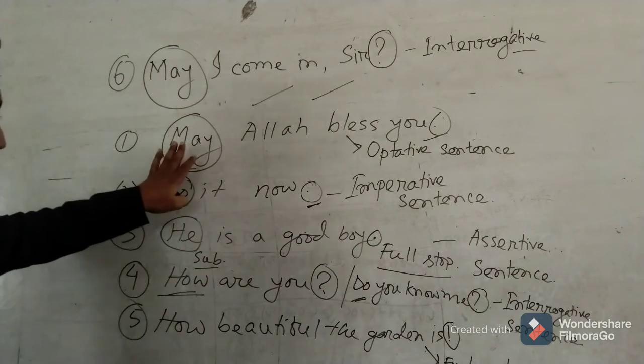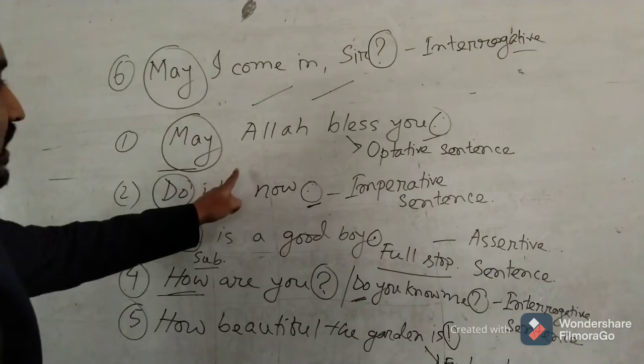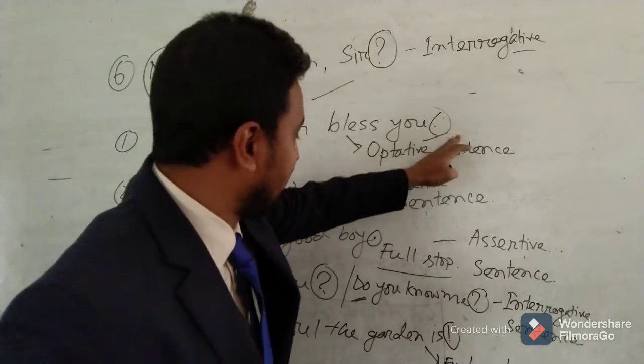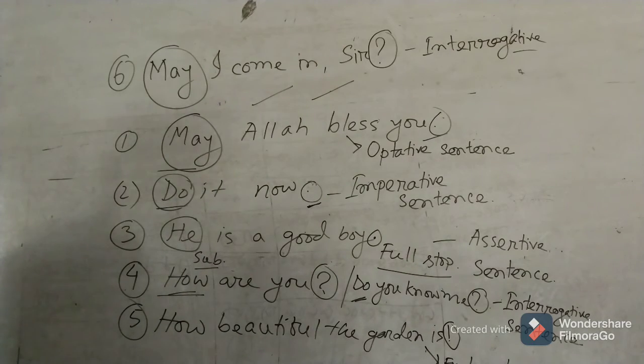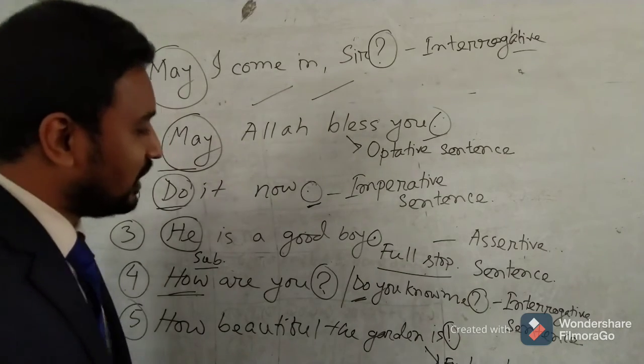So optative will have may or long at the beginning and a full stop at the end. And last of all, exclamatory sentence. It's very simple.